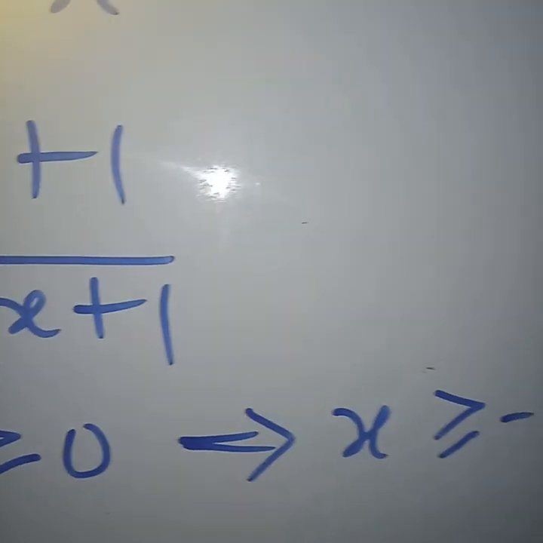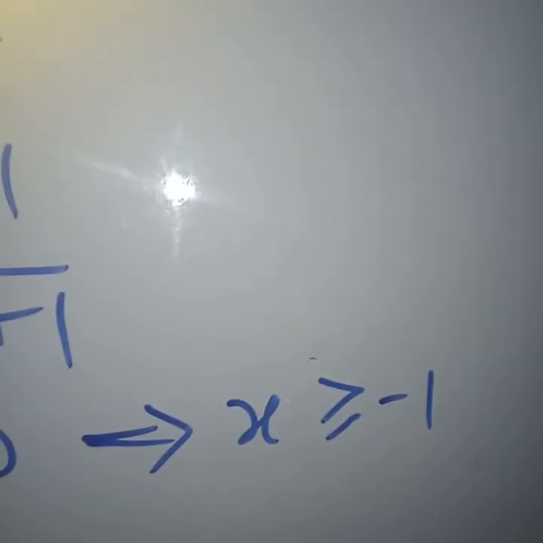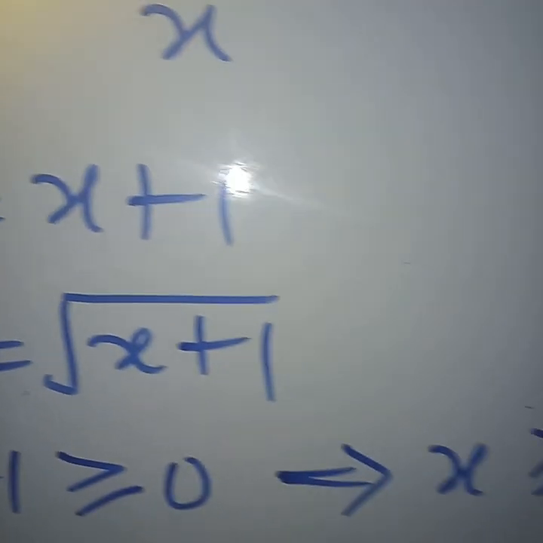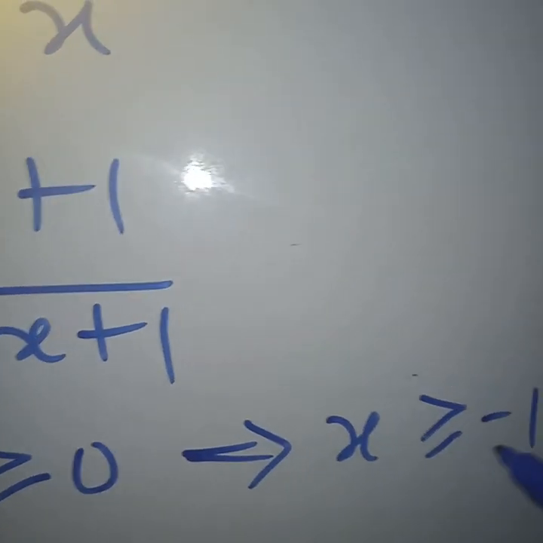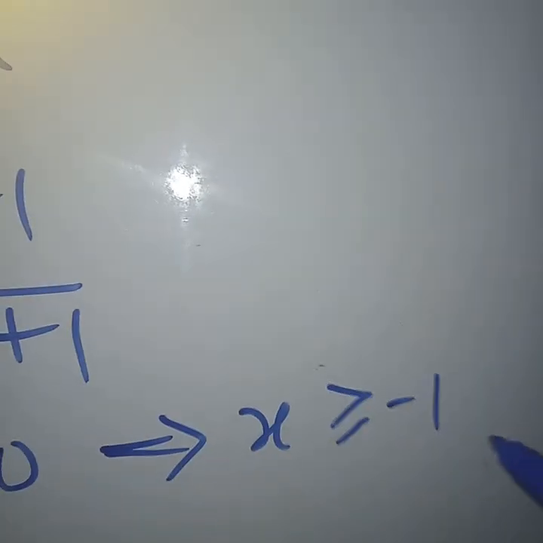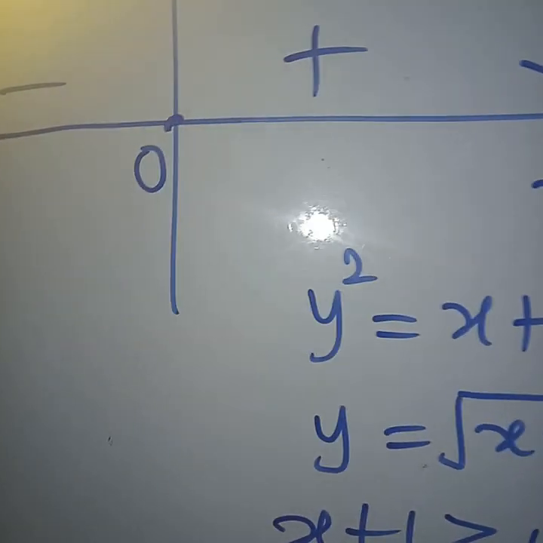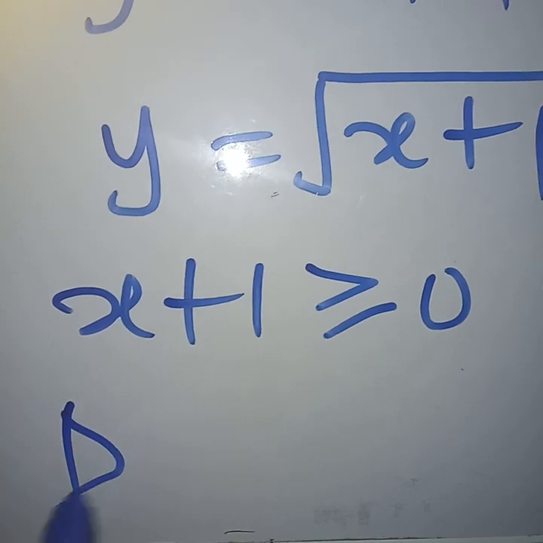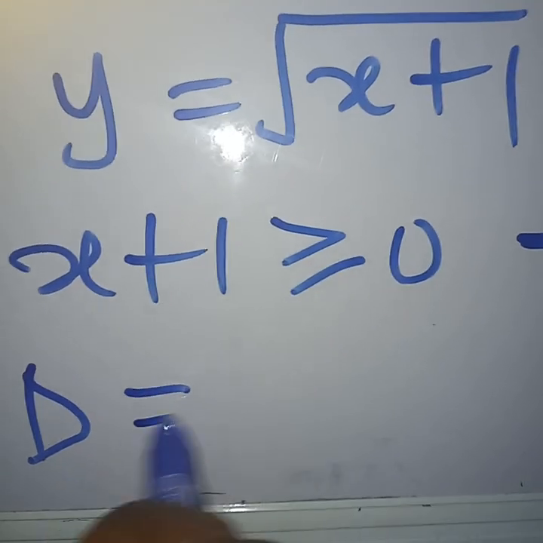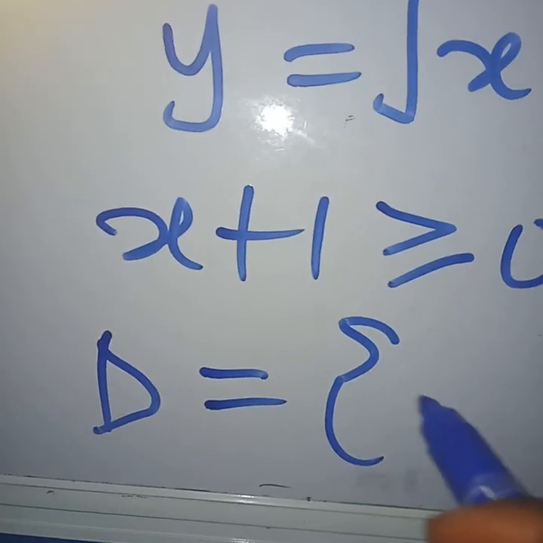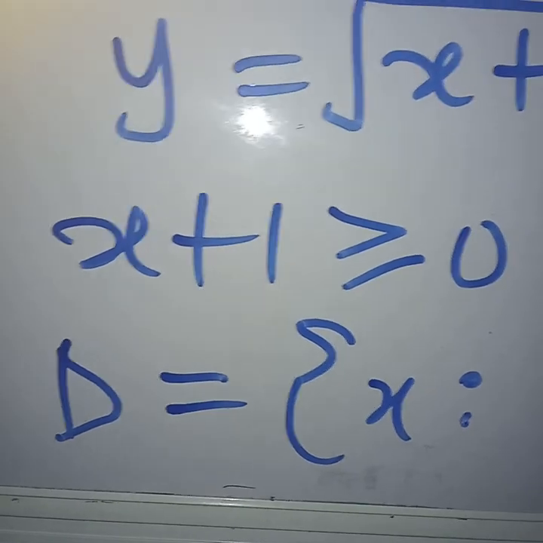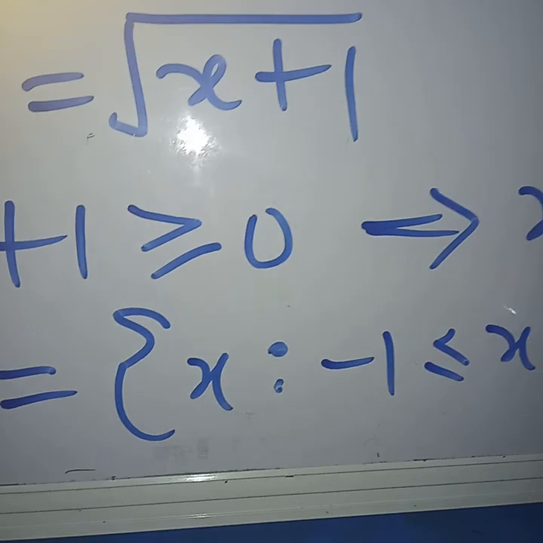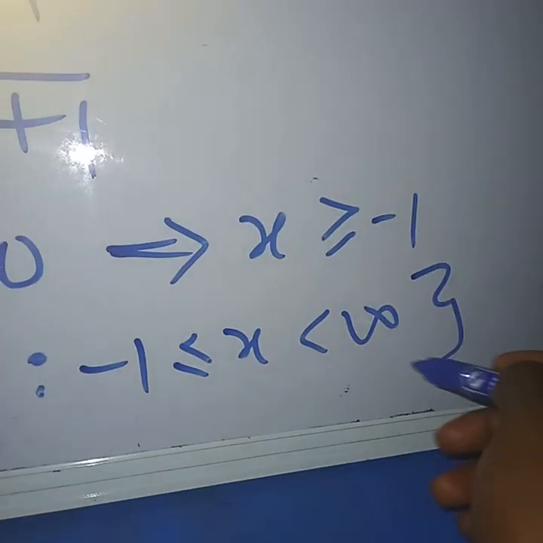What we are saying here is that the domain of this equation starts from -1 to infinity. So in other words, one can write the domain of this function as D equal to the set of x such that -1 is less than or equal to x, less than infinity.